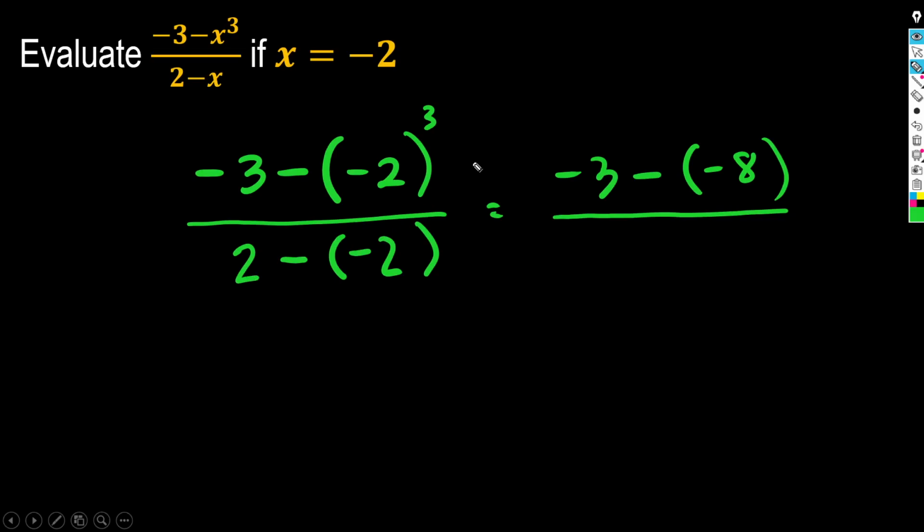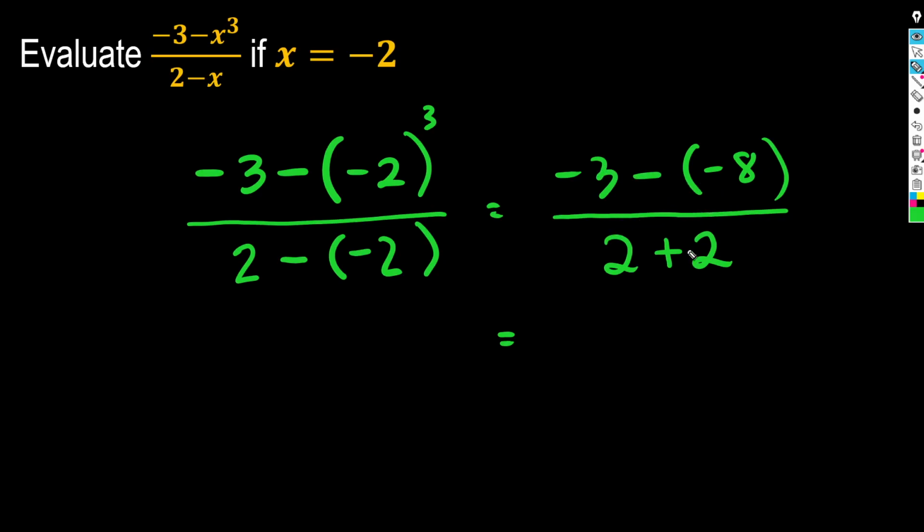Okay? All over, what's this supposed to be? 2 minus minus 2. Oh, you can look at that by applying the definition of subtraction. Rather than subtracting the number negative 2, I can instead add its opposite, which takes me to 2 plus 2. And then, let me simplify my numerator, minus 3 minus minus 8.